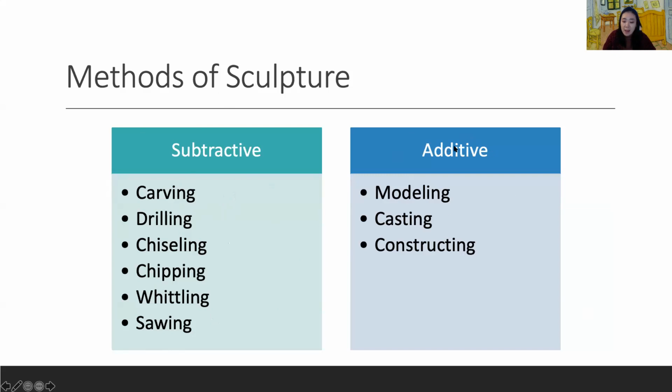And in the additive processes of modeling, casting, and constructing, sculptors add material to make the final artwork. These are very popular methods of sculpture, and we are going to see a few of these sculpture methods now.